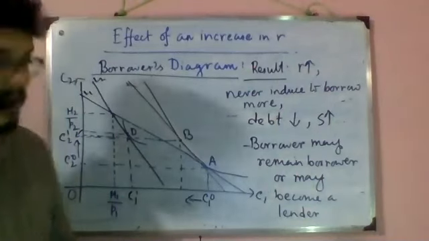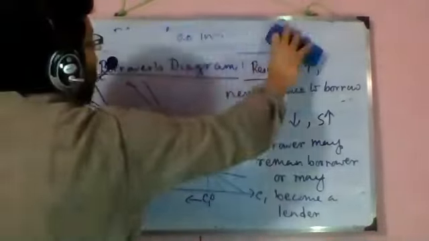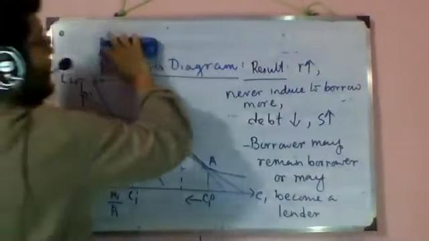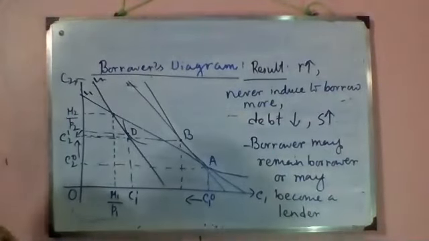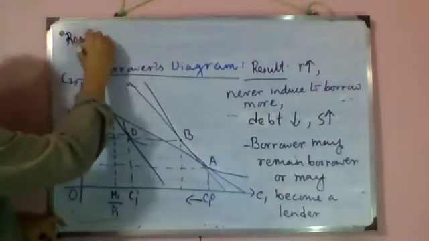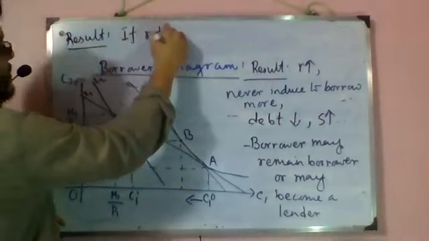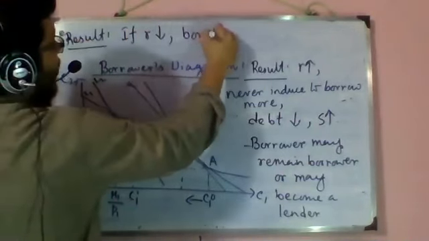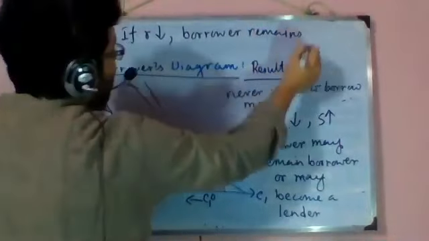So analogously, we can write another result, and these results are actually important: if R reduces, a borrower remains a borrower.